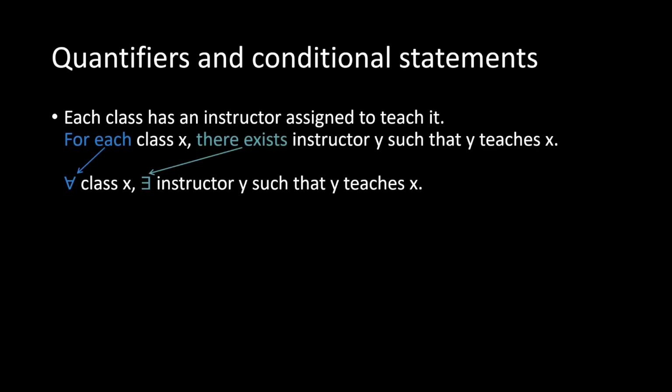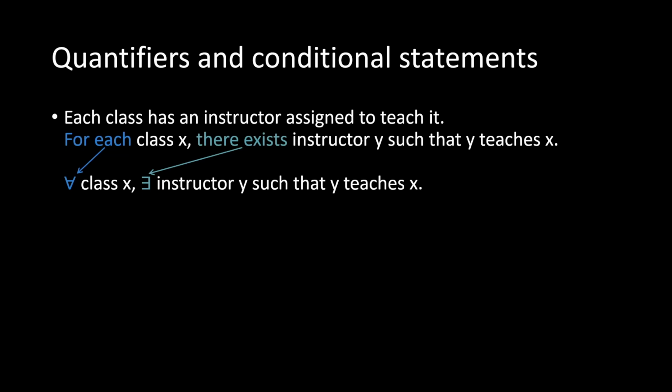Now on to quantifiers and conditional statements. Let's say we have a phrase such as, each class has an instructor assigned to it. We can say this in a more formal way. For each class X, there exists instructor Y such that Y teaches X. We have symbols for each and there exists, as found here.